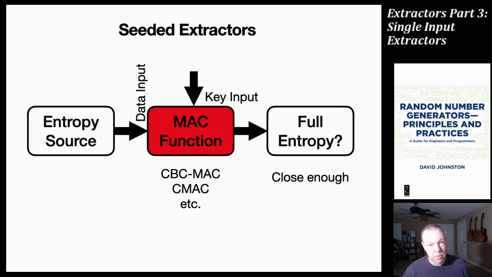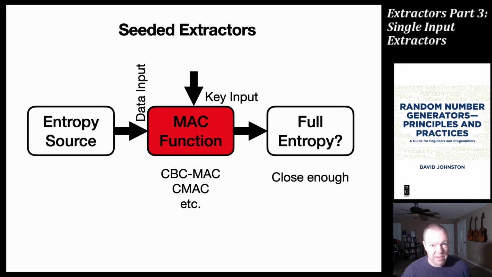So you have a key, which is a fixed size string of full entropy bits, and you then input your data from the entropy source, and you output data. This is a good construct in the sense that this works, provided you have this full entropy key input, but it raises the question, why would you need an extractor to generate full entropy data when you have a source of full entropy data in the form of the key?